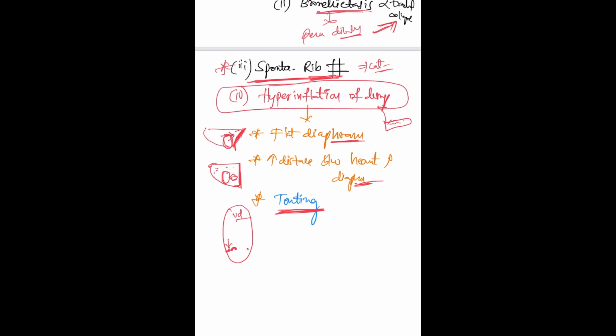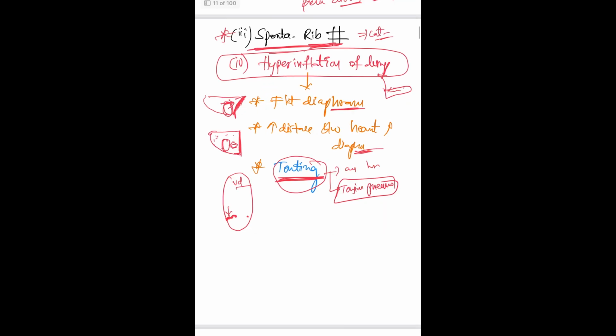Because of the increased tension at the attachment of the diaphragm, it will be seen as tents. So tenting of the diaphragm can be seen with hyperinflation of the lungs and also during tension pneumothorax. These are the two conditions where you can see tenting of the diaphragm, and you must remember this radiographic sign.